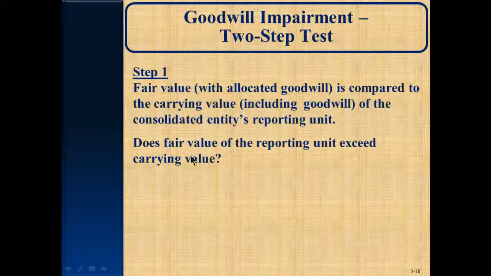Carrying value is the accounting value you have on it, and the fair value is what it is really worth. Now, unless there's some measurement looking at a similar company in the same industry, same size, the fair value, I can tell you, is typically going to be a discounted present value analysis.